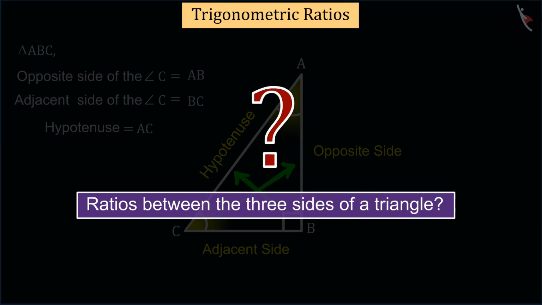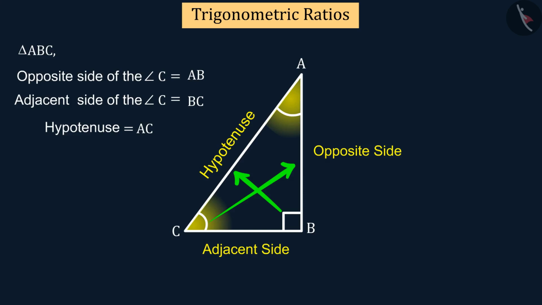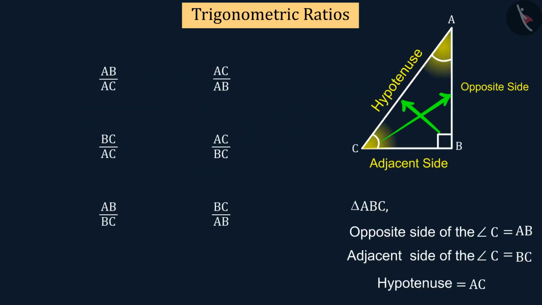How many ratios can be found if you calculate different combinations of ratios between the three sides of a triangle? Let's see. Now, if we write the ratio between the given sides, then we get these 6 ratios.